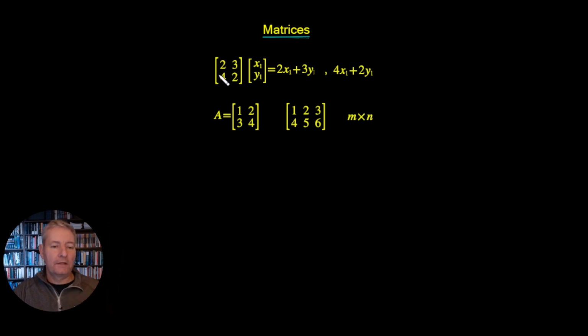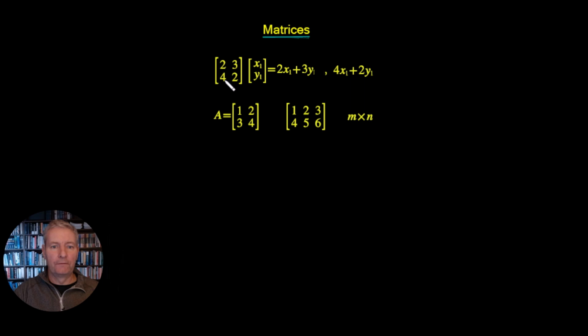Now, a basic idea of a matrix and why we use it is this example here. So let's say we were to multiply this matrix here with the matrix x1, y1. Now, in order to multiply these, we multiply rows by columns. So it will be 2 times x1 plus 3 times y1, and you get this linear equation here.